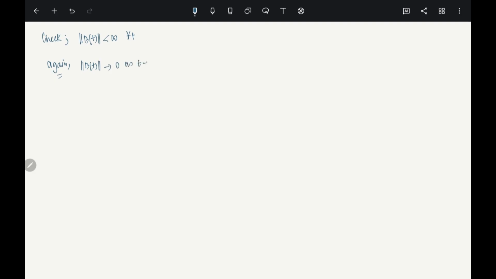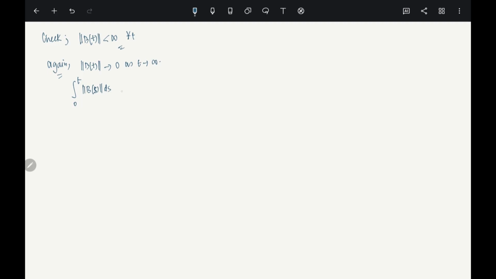I hope you can find it out. Once you calculate it, you can see that this goes to 0. So this is bounded and goes to 0. Now you just have to calculate the integral from 0 to t of the norm of B(s) ds. If this goes to 0 or goes to infinity, let's just check that.